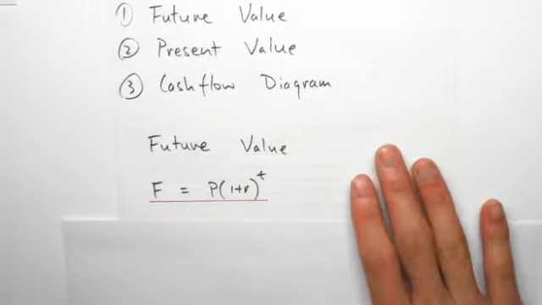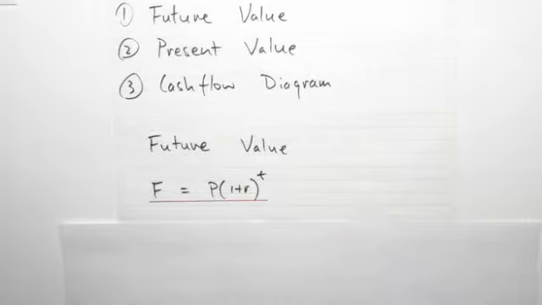Now, future value is just calculated as the following: F equals P (1 + R)^T. This is exactly the same as our compound interest formula, and all it says is that if we have some money now and we put it into the bank, then we can determine how much it is worth in the future, hence the term future value.